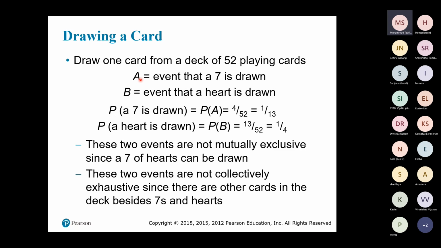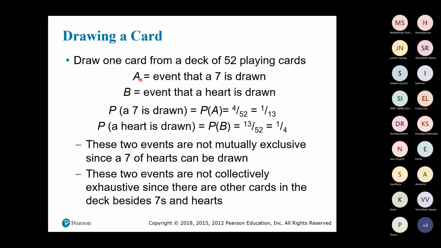So we have 13 cards in the deck that have the symbol of heart, and then you divide by the total number of cards in the deck, which is 52. Then you will get 13 over 52, or 1 over 4. It means that out of 4 cards you pull from the deck, you are most likely to get one card of heart.